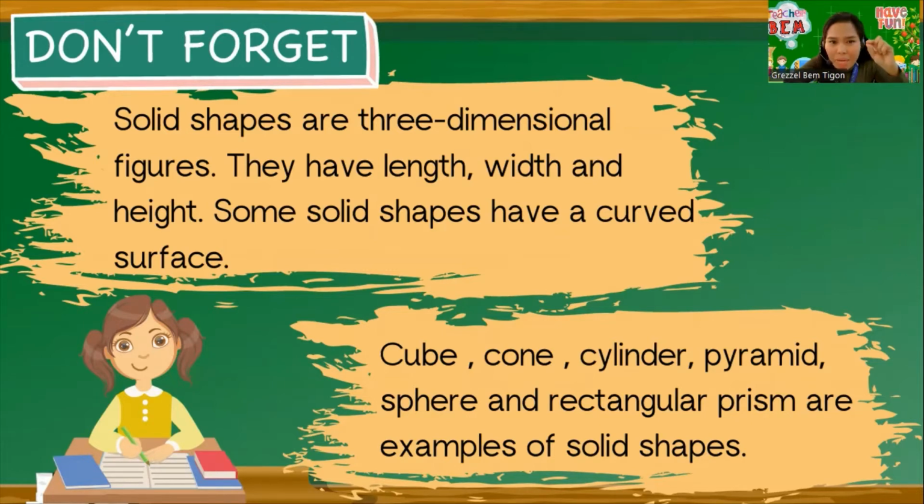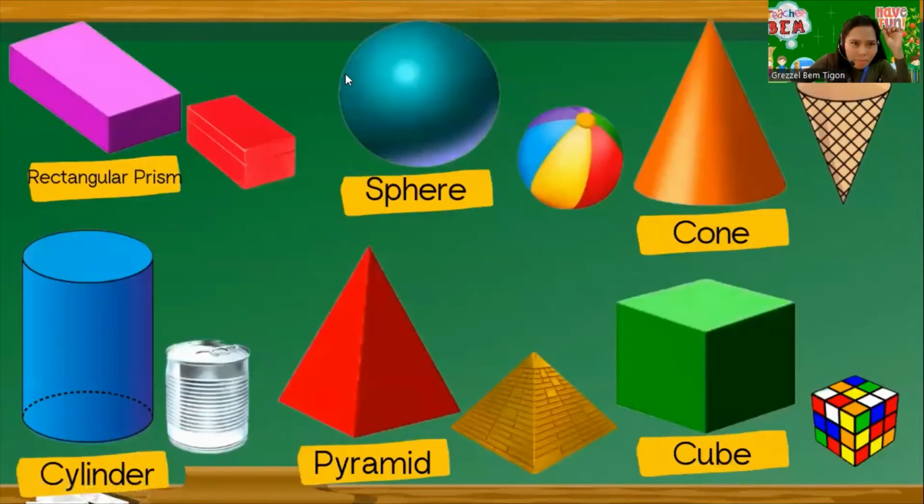They have length, width, and height. Some solid shapes have a curved surface. So examples of solid shapes are rectangular prism. As you said last time, you can hold a solid shape. Again, rectangular prism, example: the shoebox.